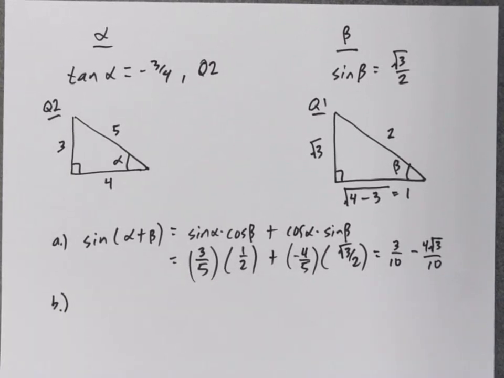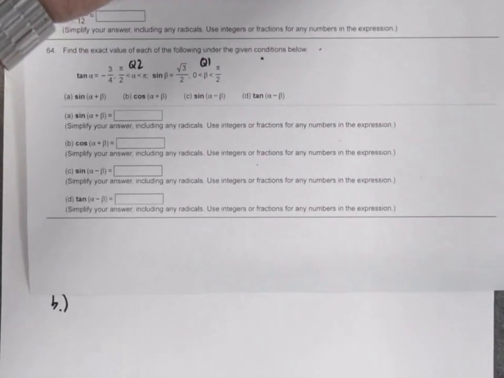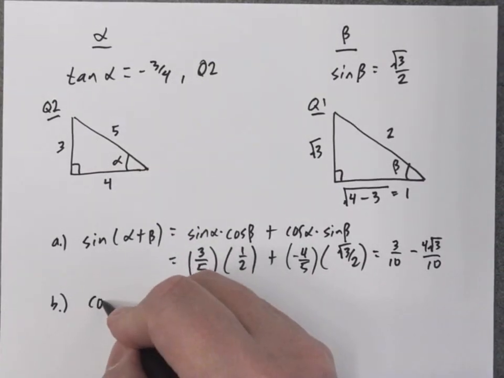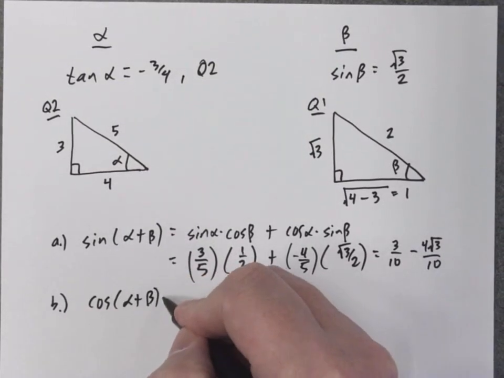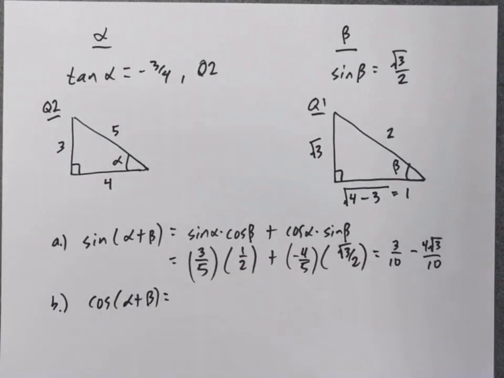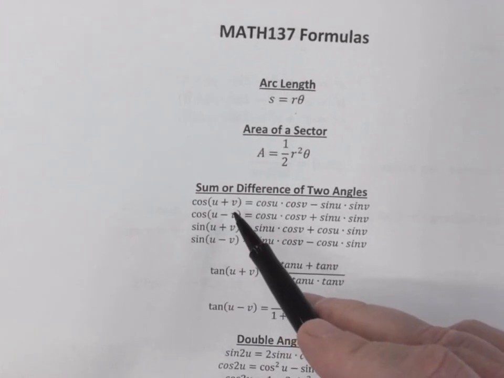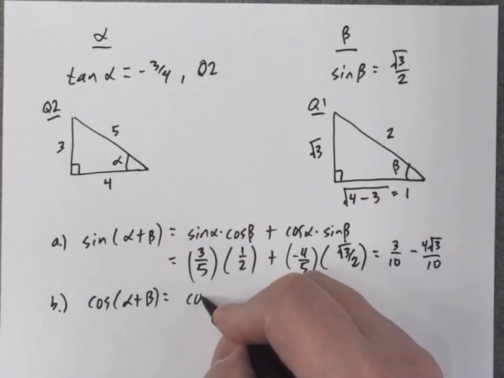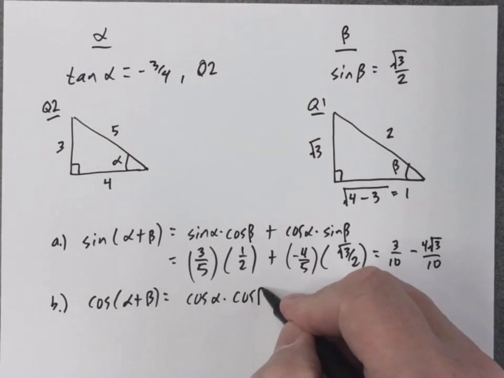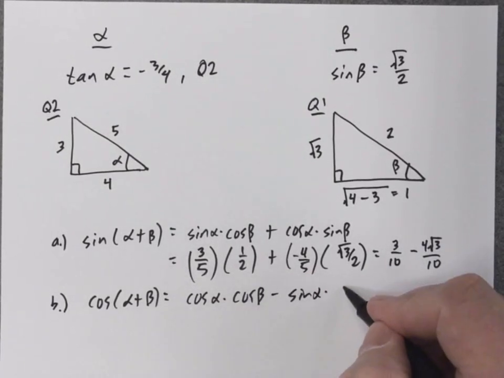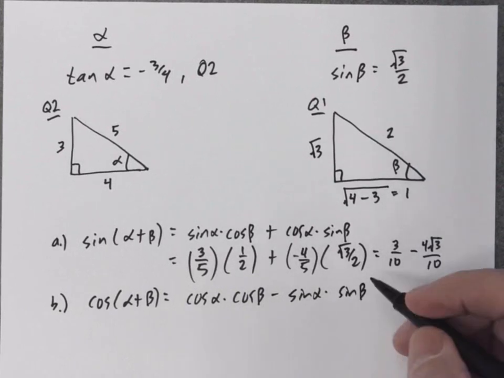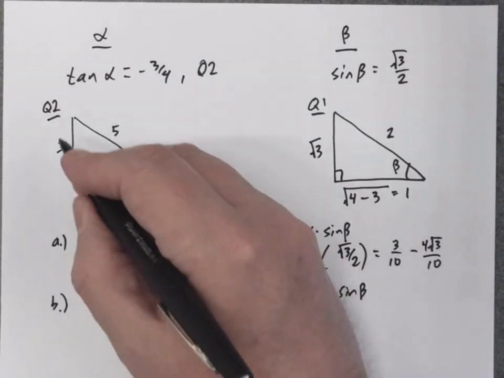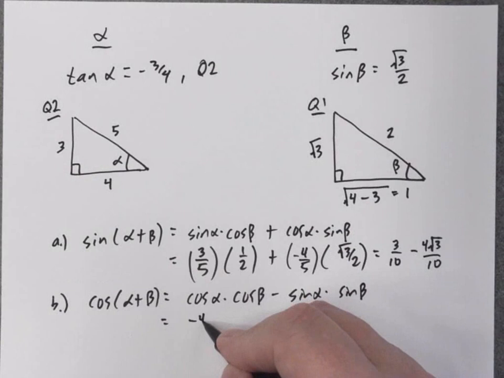How about the next one? The next one said cosine alpha plus beta. Once again, I got my formula sheet. Formula for cosine, adding two angles: cosine, cosine minus sine, sine. Cosine of alpha, here's alpha, so CA, negative 4/5.